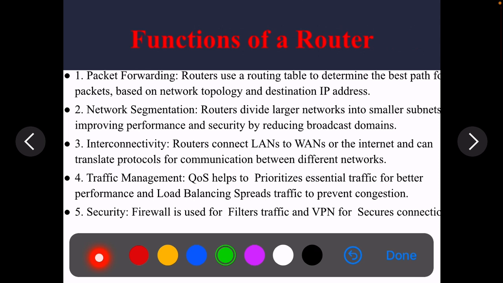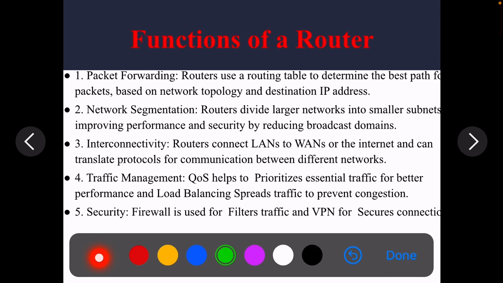Based on the routing table and the destination IP address in the IP packet header, the router makes forwarding decisions to send the packet to the next hop or final destination. So there are two things used for packet forwarding: first is the routing table and second is decision making. That's why routers use a routing table to determine the best path for packets based on the network topology and the destination IP address, and it takes the best decision to find the best route.